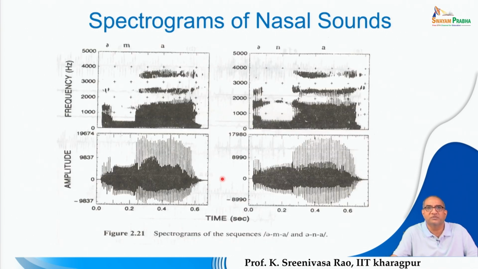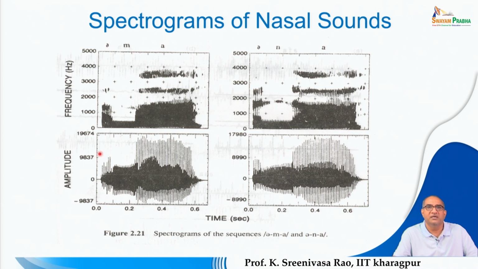So, let us see the corresponding frequency domain. In the frequency domain also, if you look here, this is the time domain plot, the bottom one, this is for Ma and this is for Na. Here in Ma, the Ma portion is this one, because this is the vowel A and this is the vowel A. In between the Ma is there, Ema.